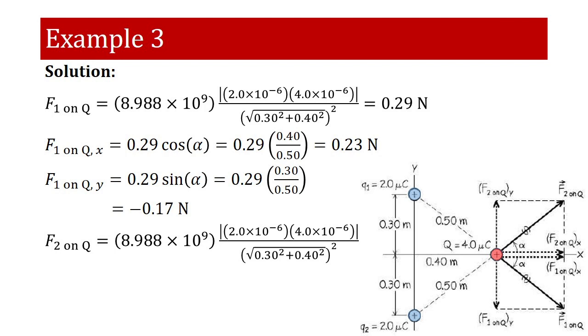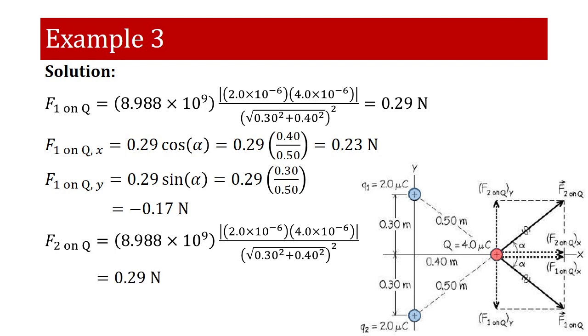Using the same formula, there is nothing different, because the magnitude of their charges is the same, no? Both 2 microcoulombs. And the distance is also the same. So, even if you use the formula, you will get the same answer of 0.29 newtons.